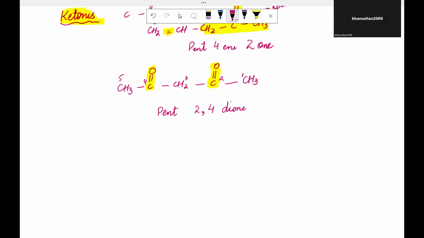Let's discuss nitrile as well. CH3, CH2, CH2, CH2, C triple bond N. Now, are we going to name it from the right hand side or from the left hand side?